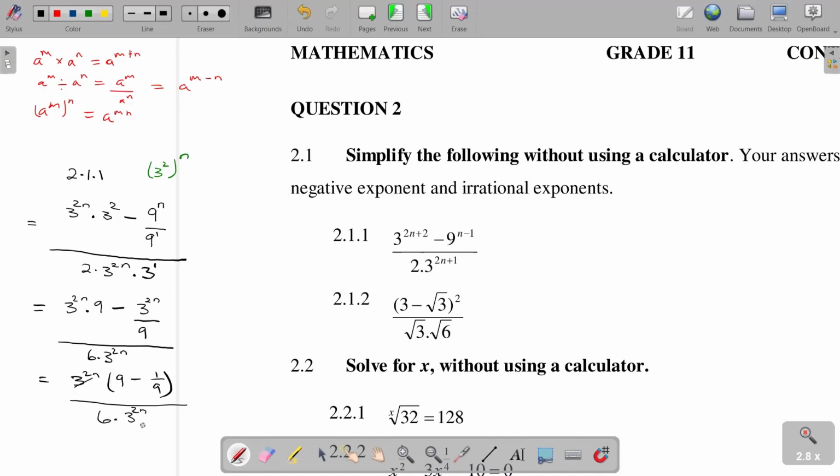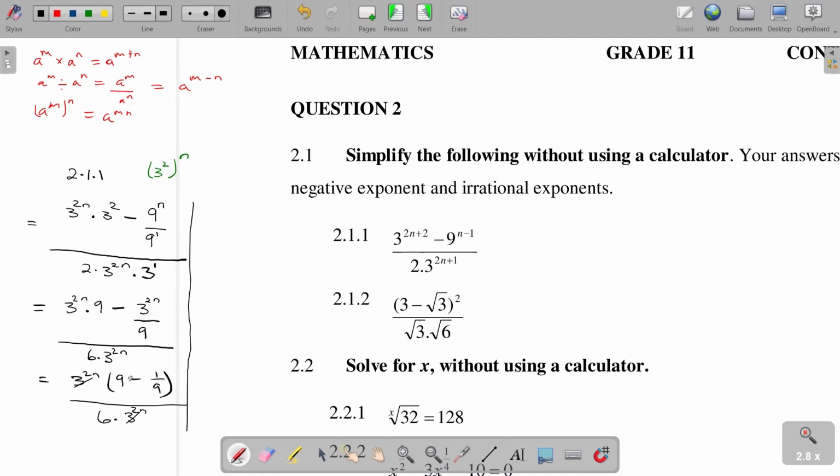Then the 3 to the power 2n will divide each other. The question says without using a calculator, so take note to simplify the fraction. We now need to simplify the fraction.